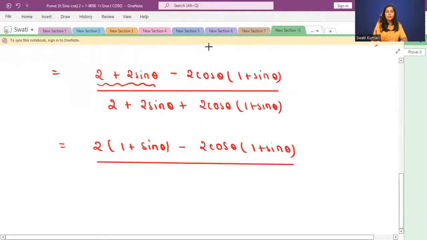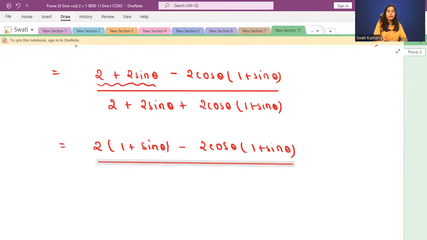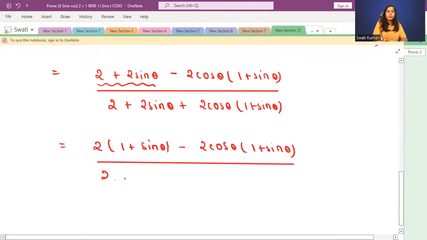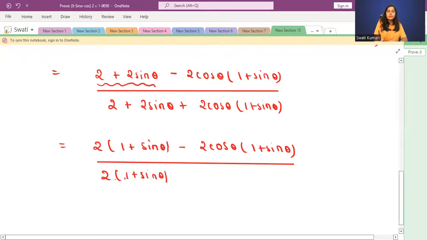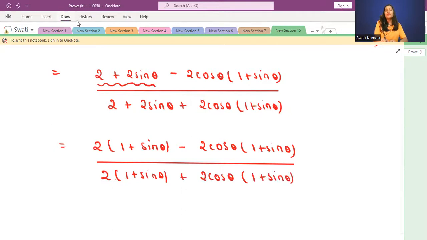we have again the same thing. We can take here 2 common, so twice of (1 + sin θ) plus 2 cos θ into (1 + sin θ). Now, here you can also notice one thing, that we have (1 + sin θ) common.